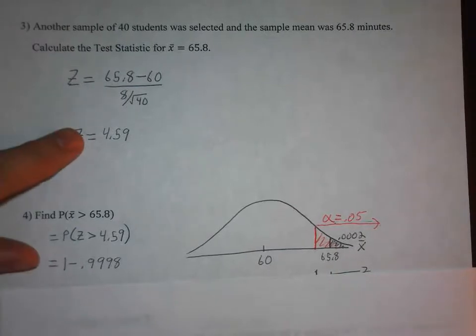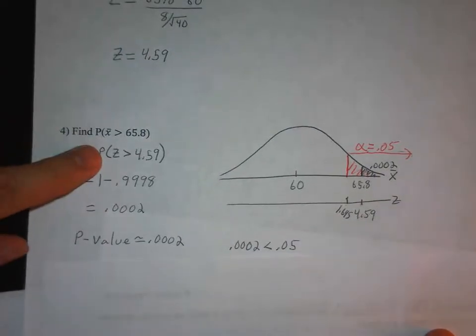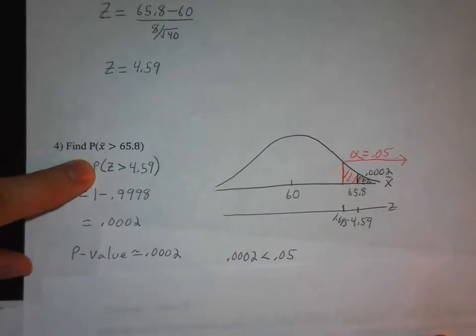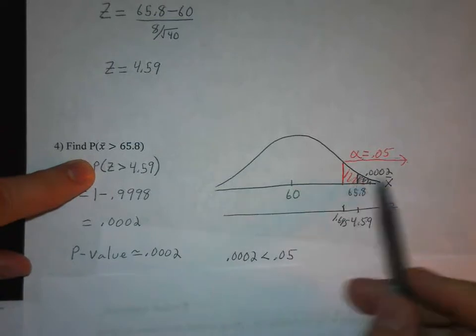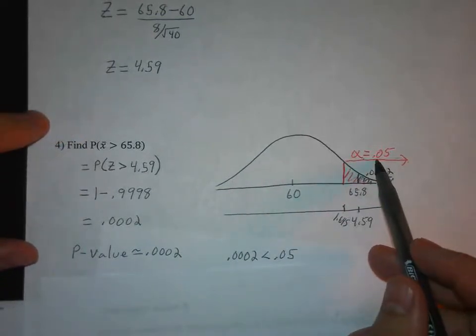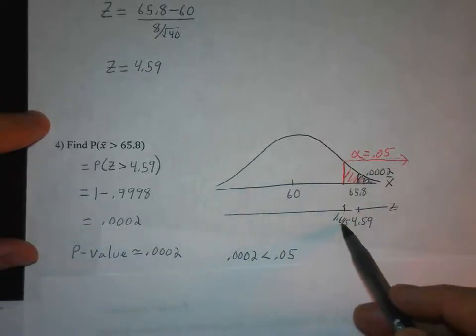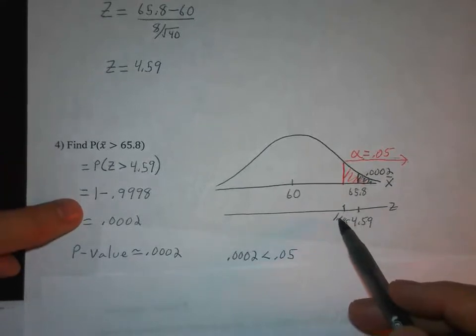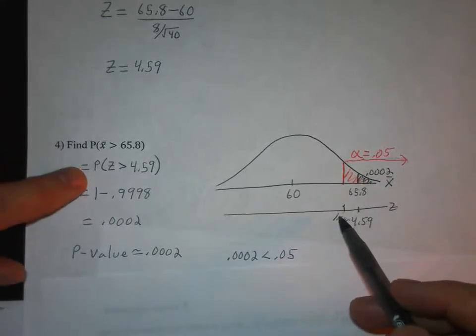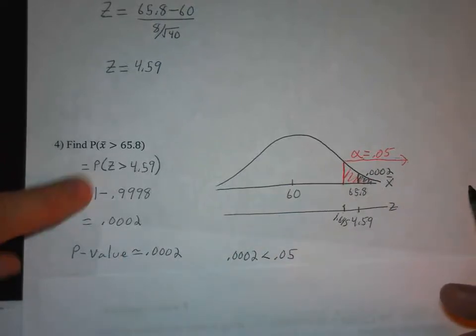You end up with a z-score of 4.59, and when you find the probability that z is more extreme than 4.59, again we're off to the right-hand side here. We have alpha is 0.05 again. Still had a z-score of 1.645 there for the critical number. But now the p-value is much smaller. So now, getting a value to the right of 4.59 is very close to 0.